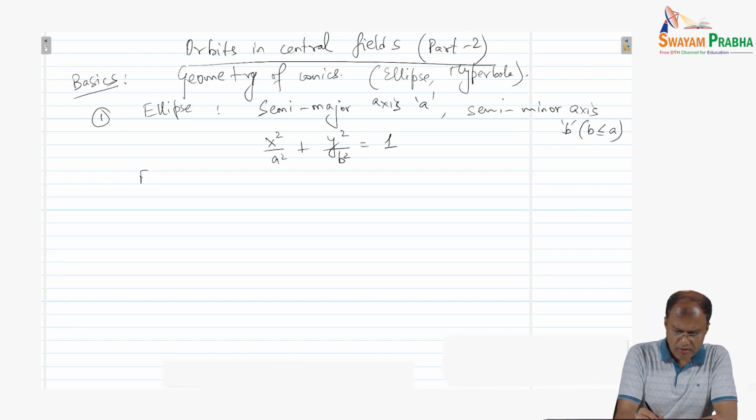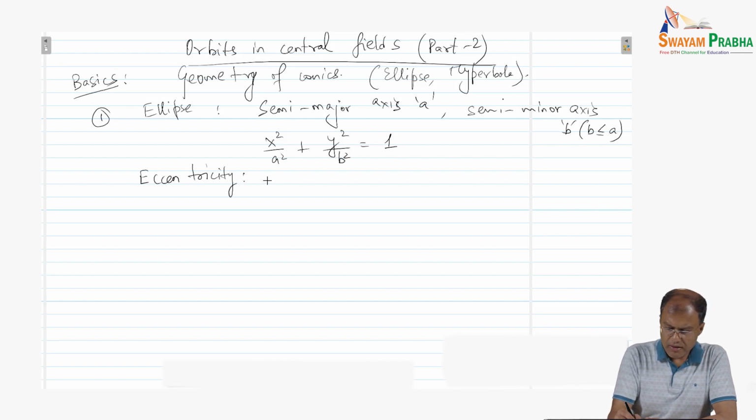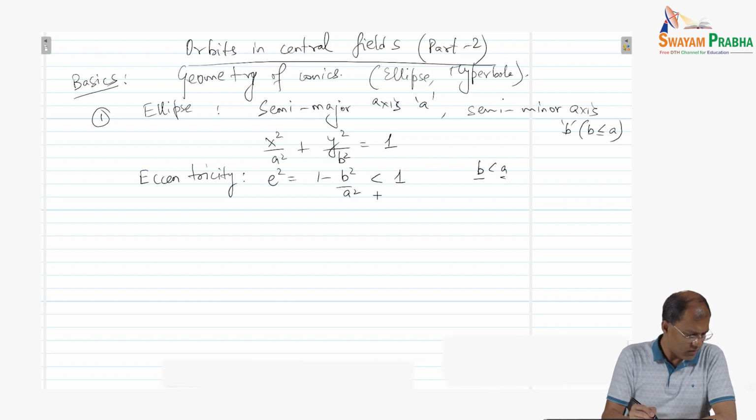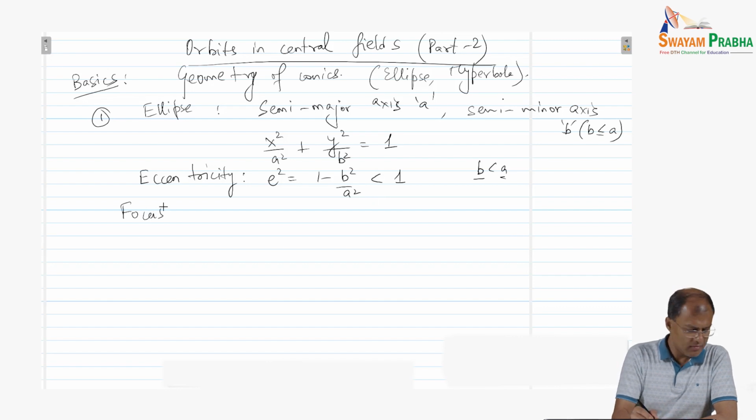For this the eccentricity comes out to be e squared is 1 minus B squared by A squared. Remember, B is the semi-minor axis, A is the semi-major axis. So we see that eccentricity e squared is less than 1, and the focal points of the ellipse are F and F prime.